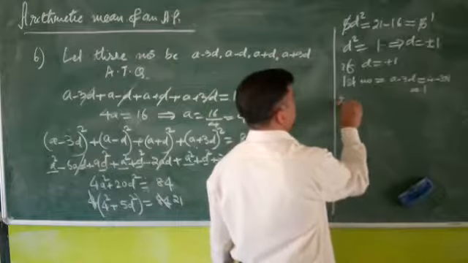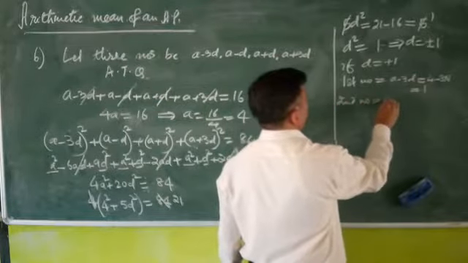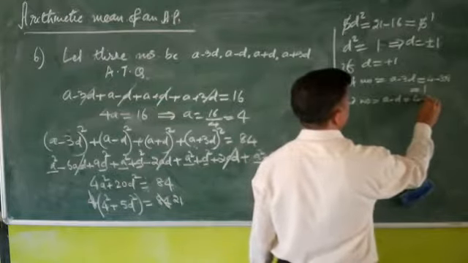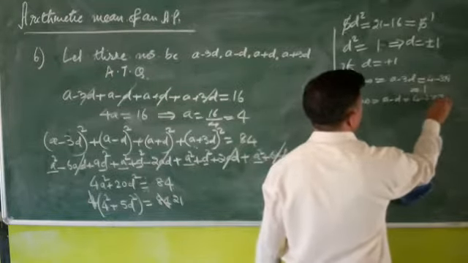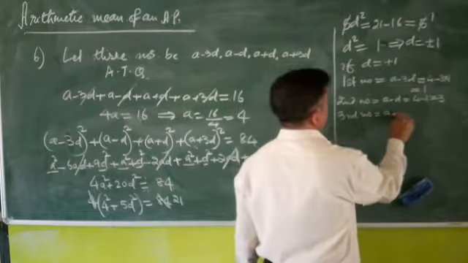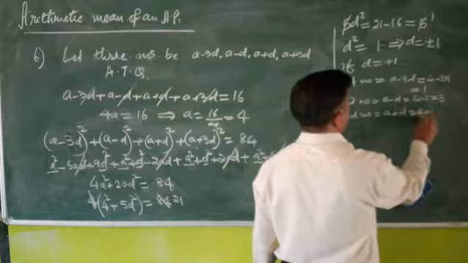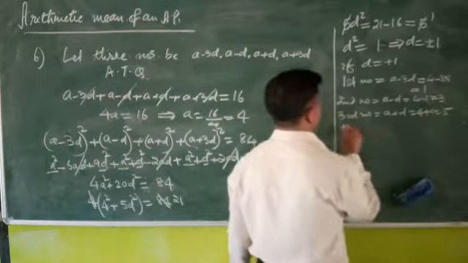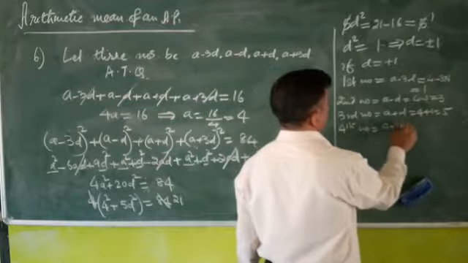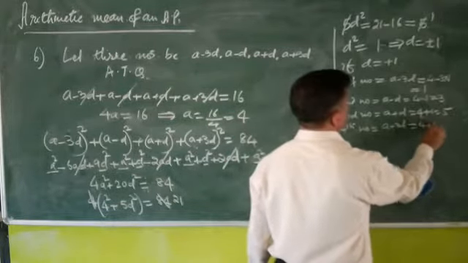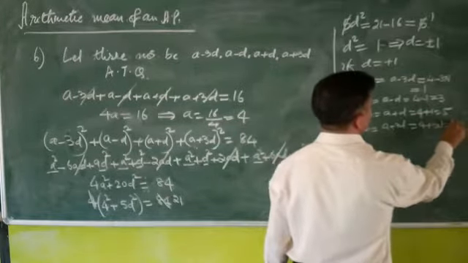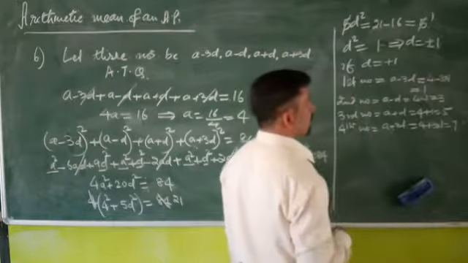Second number is a − d, that is 4 − 1 = 3. Third number, a + d, that is 4 + 1 = 5. And fourth number will be a + 3d, that is 4 + 3 × 1 = 7. Am I right? Yes, sir.